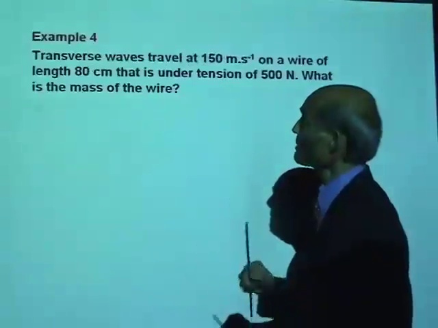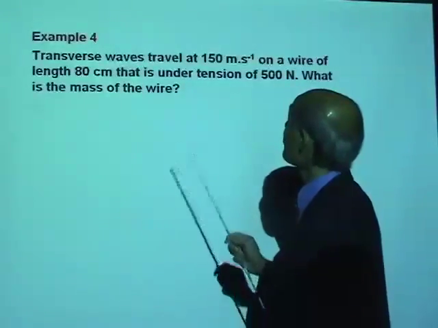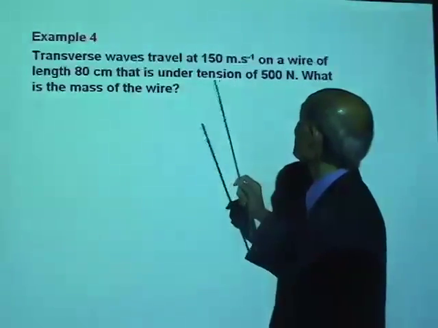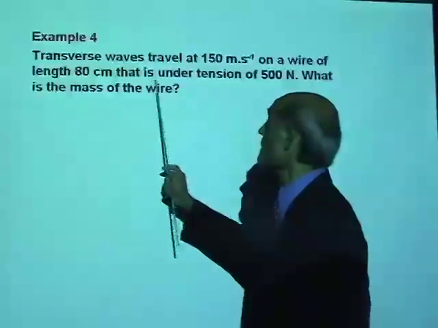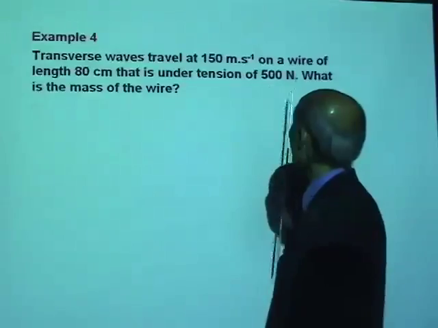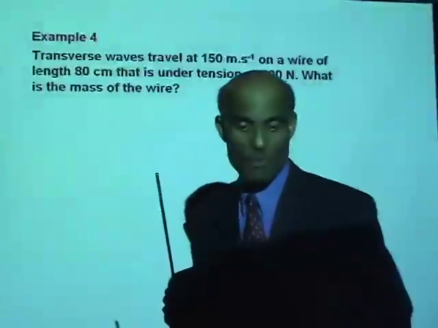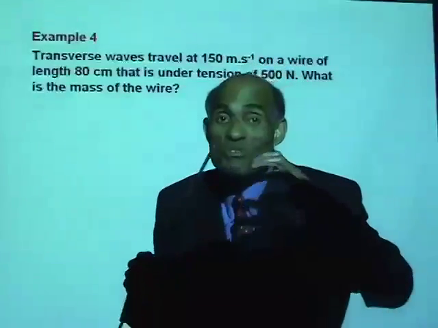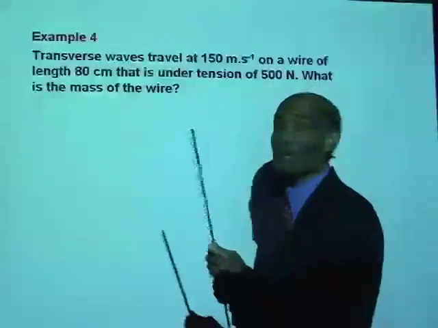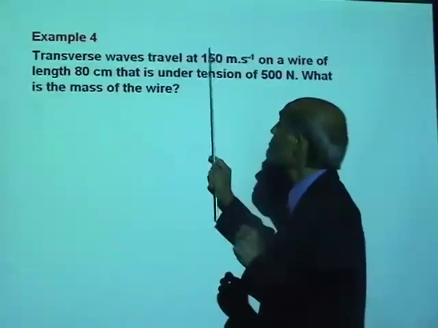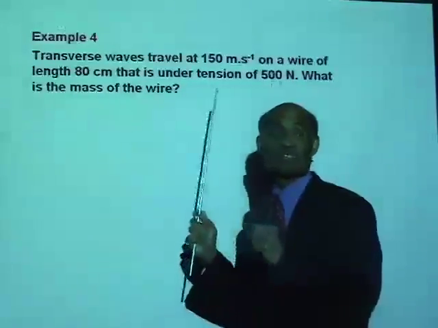Okay, let's do another one. Transverse waves travel at 150 meter per second on a wire of length 80 centimeter, that is under a tension of 500 Newton. What is the mass of the wire? So this time we need to find the mass of the wire. Well, look at the data. What do we have? We know the speed, we know the tension.